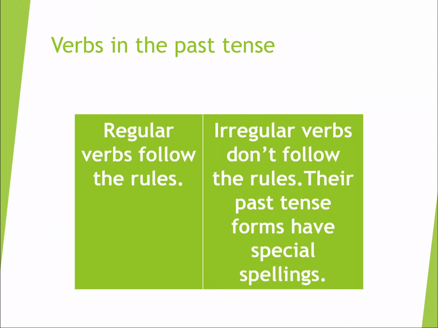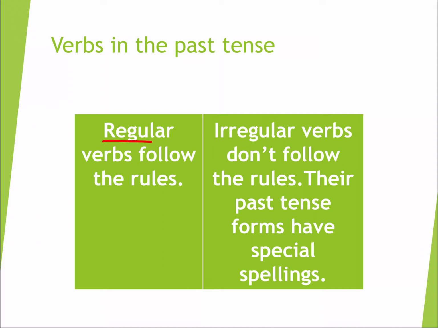Okay, let's look at verbs in the past tense. This will be in Chapter 2. Okay, so just so you know now, Chapter 2, verb tenses, simple past verbs require you to do some extra studying. And the reason is because some verbs are regular verbs.